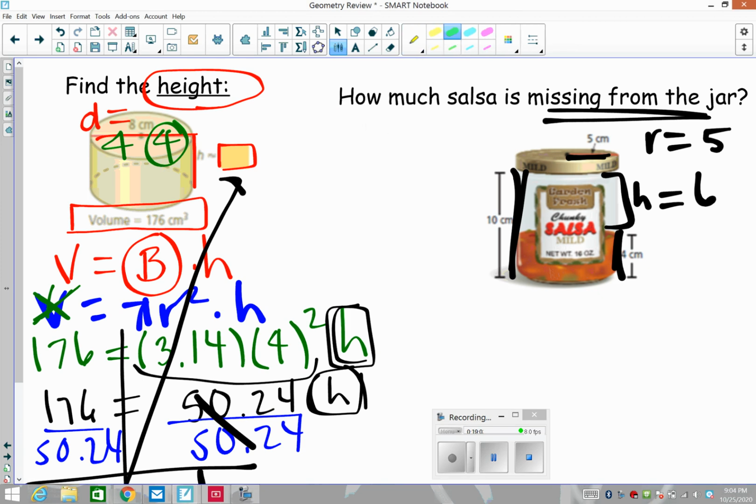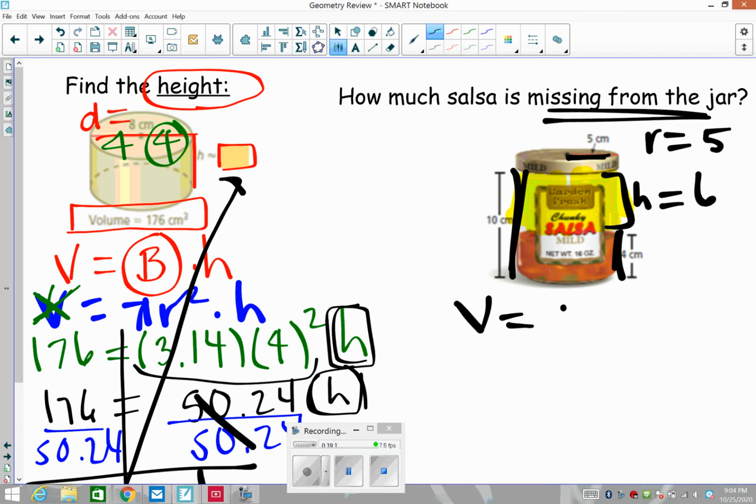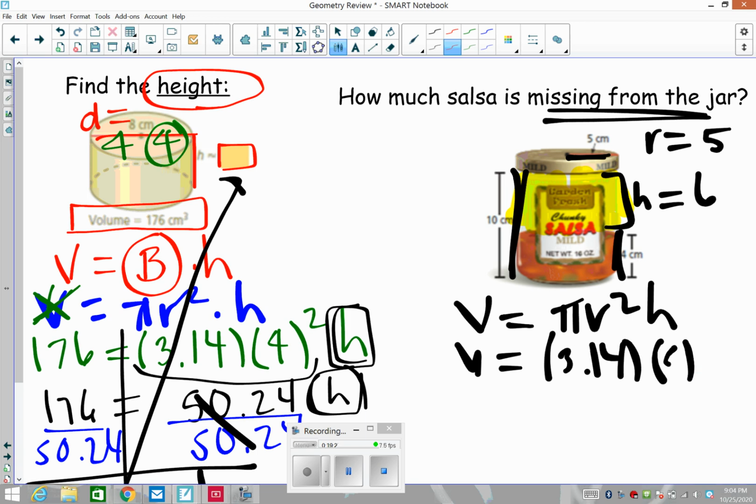So if we were to highlight the piece we're talking about, this section. And I think we have enough data there because we know the height of it, we know the radius of it, so we should be able to calculate the volume of the missing salsa. So using still that pi r squared for the base times the height, and we know that pi is 3.14, we know the radius is 5 squared, and we know the height is 6.